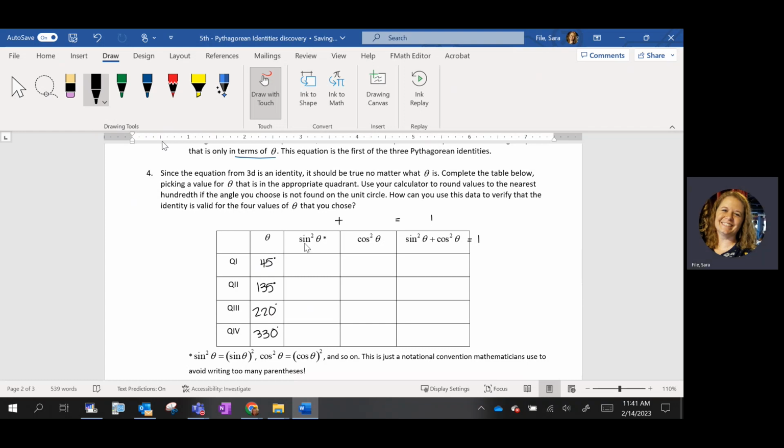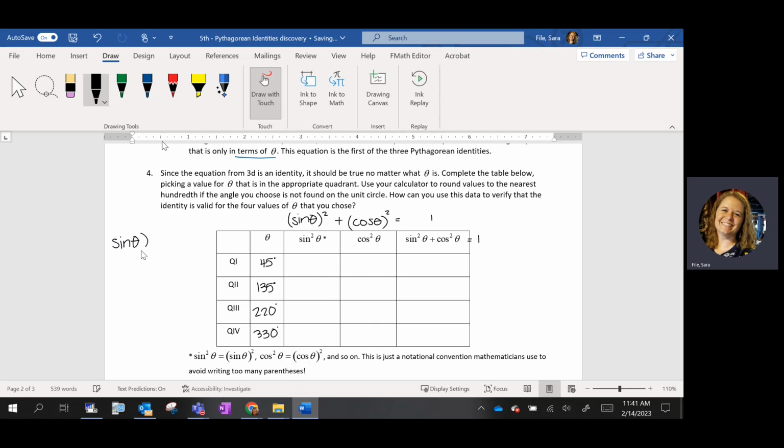Now, when you see sine squared theta, that's the same thing as sine of theta in parentheses squared. Those two are equivalent to each other. So I'm just going to write that above here so you can see it in both formats. If you need to write that off to the side, you can.